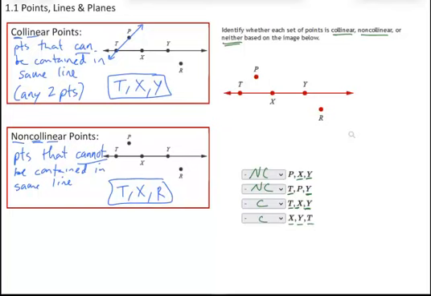Now, let me give you a heads up about questions, because students do a pretty good job of trying to figure out patterns in the questions on your homework. If you look at this and think, okay, I'm going to have 2 collinear and 2 non-collinear, that's not necessarily the case. Questions like this will generally have 3 or 4 versions.